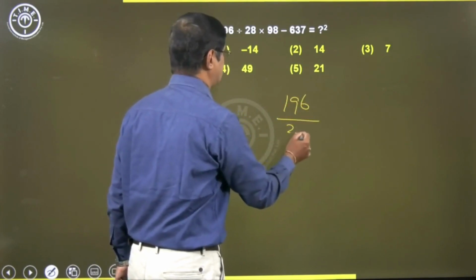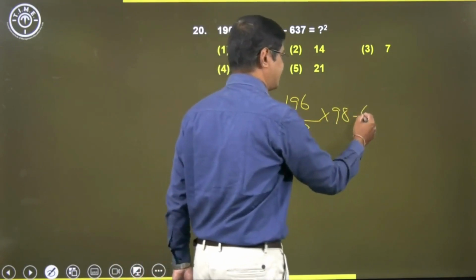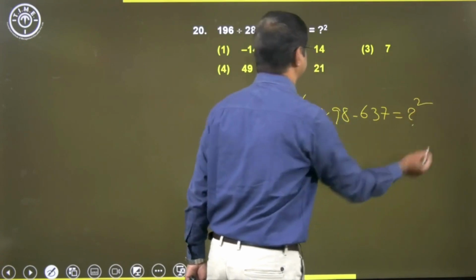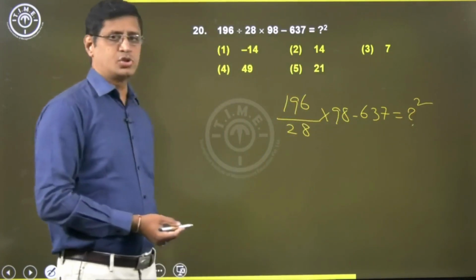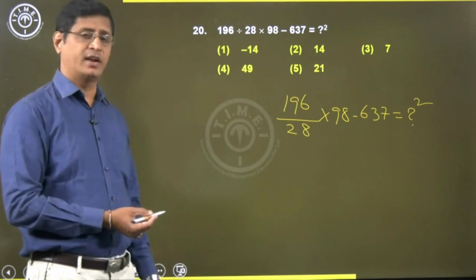196 divided by 28 into 98 minus 637 equals question mark square. Solving this. Now, is it possible to simplify 28 and 196?